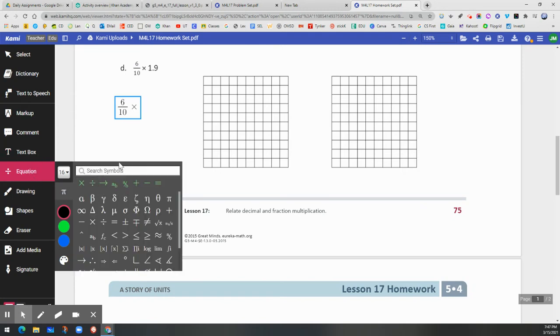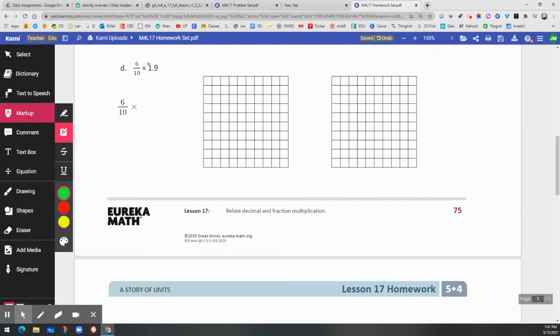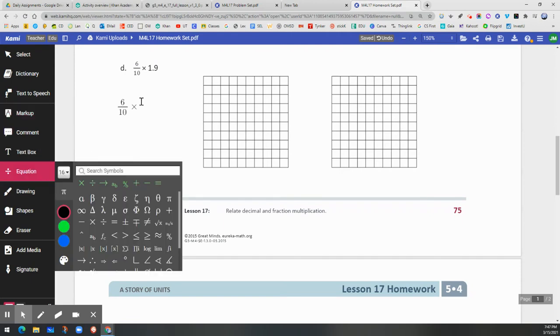So we're going to turn that into a fraction. 1 is 10/10 plus 9/10, so it's going to be 19/10. We are going to convert it into 19/10, and that's going to make it easier to multiply.